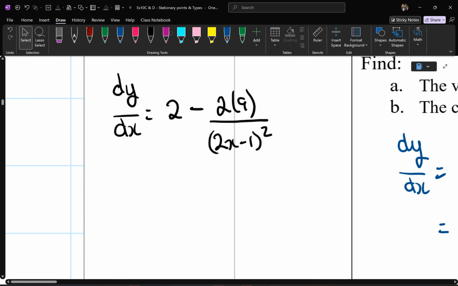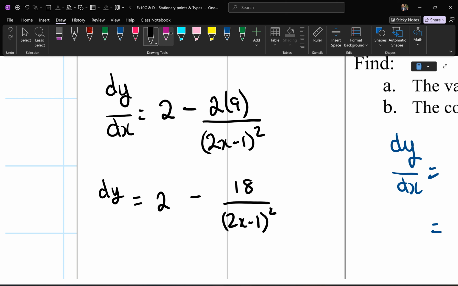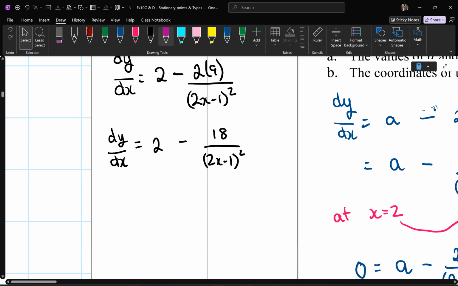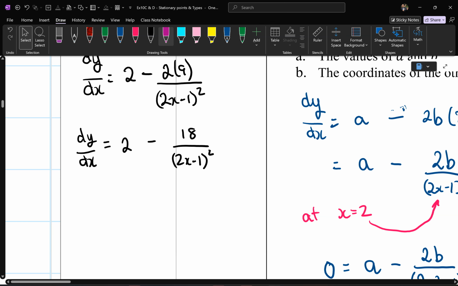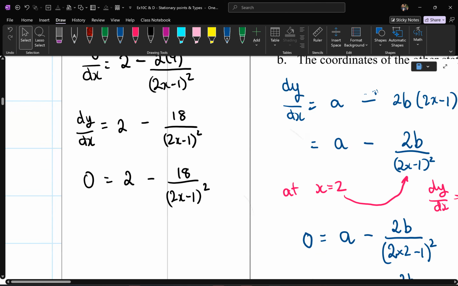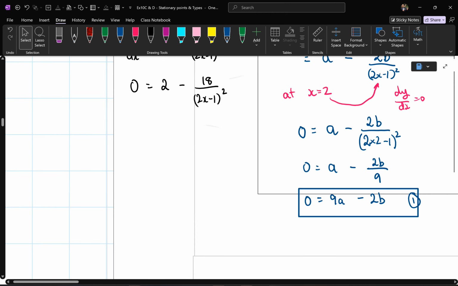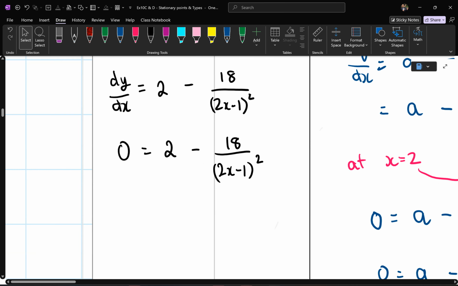So really your derivative is equal to 2 minus 18 over 2x minus 1 squared. That's your dy/dx. To find stationary points, it's when dy/dx equals 0. Solving for this. But didn't we solve it already? No, we didn't. All right.